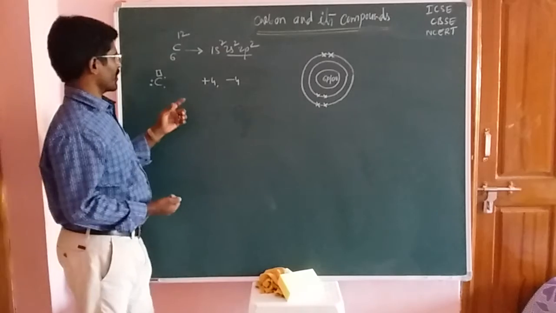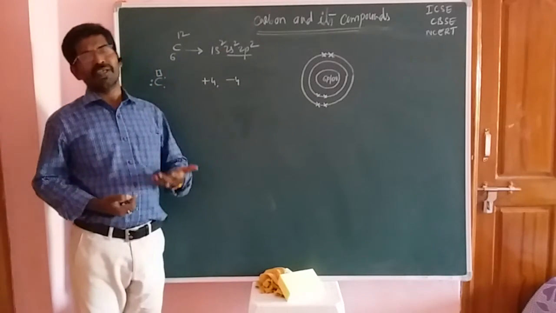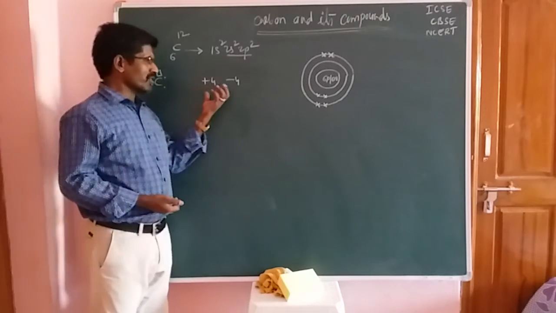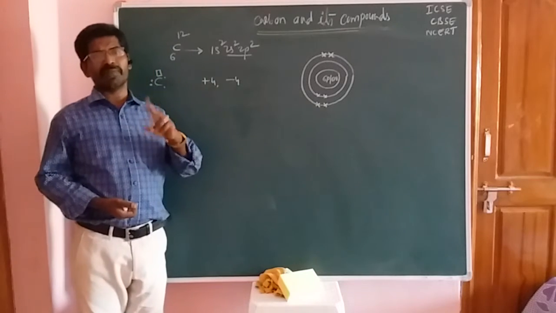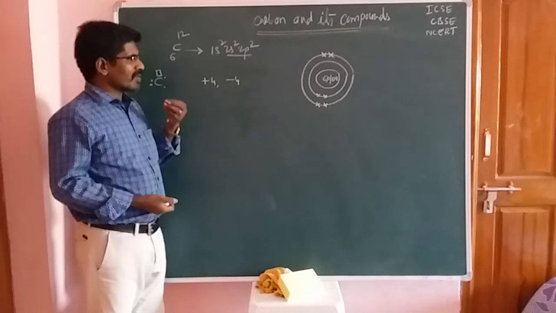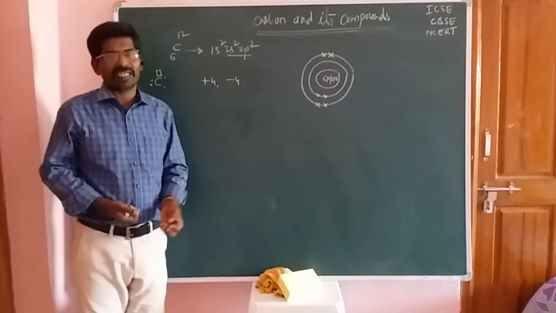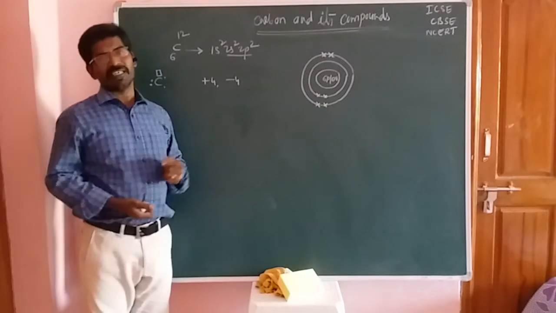But one more thing here. Which oxidation state is more stable in the carbon atom? Now we have two types of oxidation states. One is the plus 4 oxidation state and the next is the minus 4 oxidation state. Now the plus 4 means after losing 4 electrons, when it releases the 4 electrons, then it attains the helium configuration.